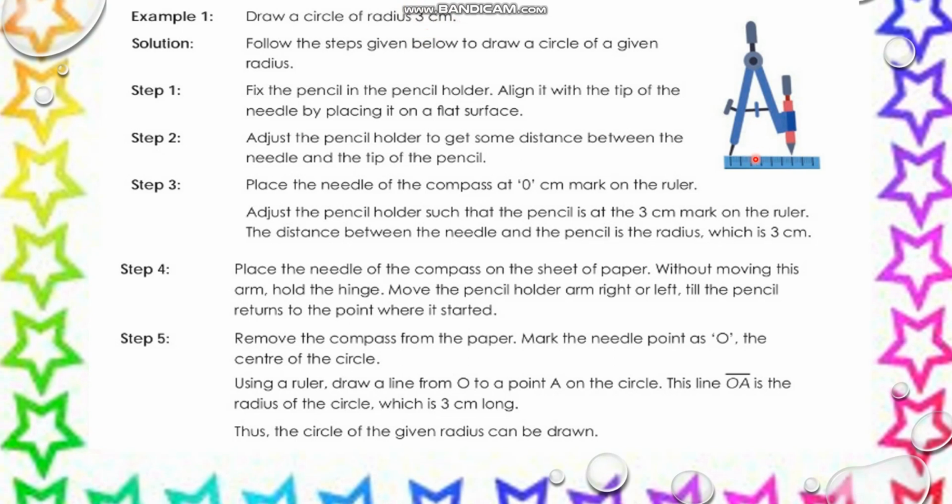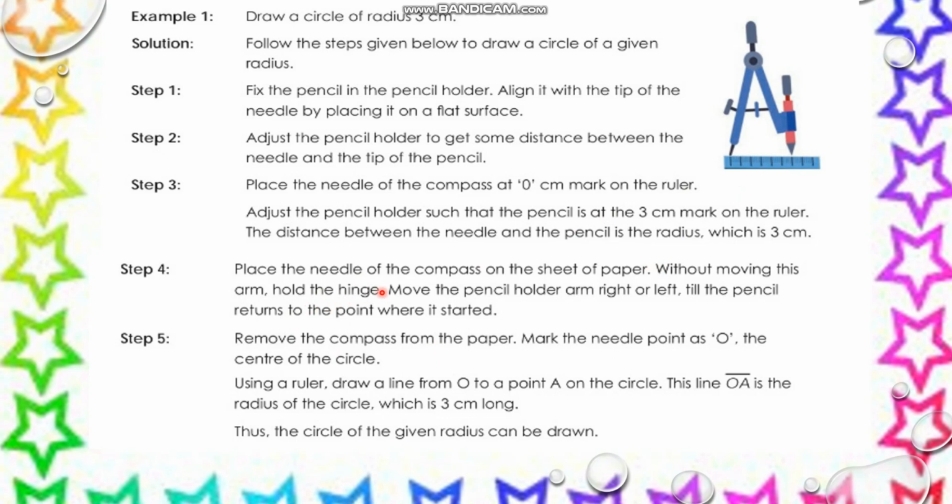So you can stretch the other arm till 3. Adjust the pencil holder such that the pencil is at the 3 centimeter mark on the ruler. The distance between the needle and the pencil is the radius, which is 3 centimeter now. Got it? Now you can draw the circle.